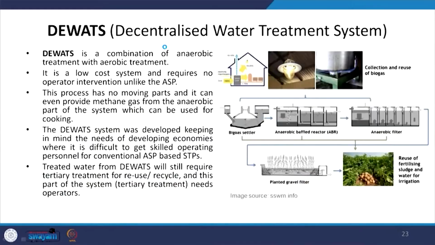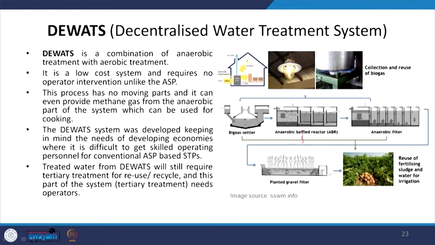The next very commonly used and now gradually very popular treatment system is DWATS, the decentralized water treatment system. Now, this is a combination of aerobic and anaerobic treatments. Here the steps are the same, from filtration, the primary treatment, to secondary treatment. Here there are two types of reactors.